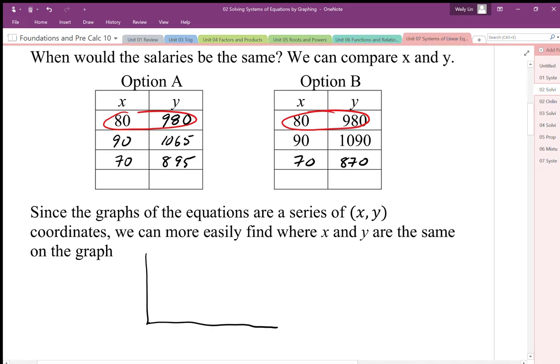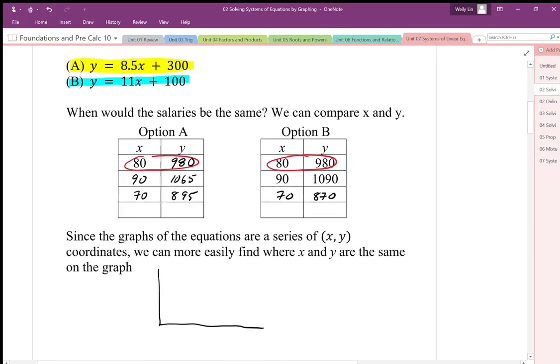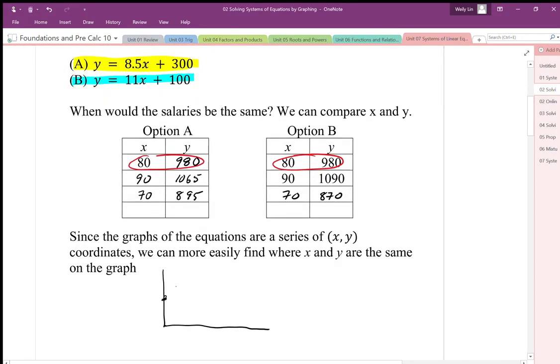Option A is a linear relationship with a starting value of 300 and a slope of 8.5. Option B is going to start with less money and it's going to have a greater slope. So option A, option B, and where they are the same is going to be this point right there.